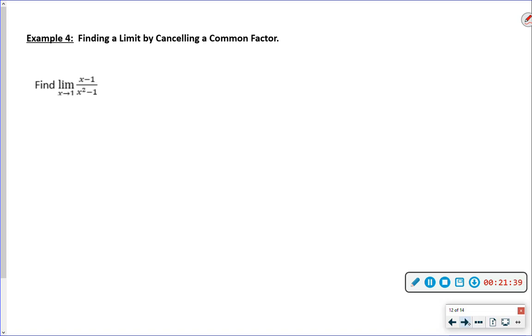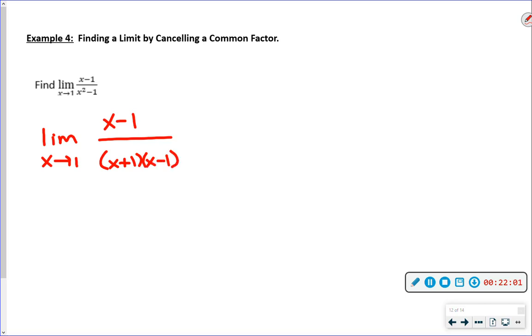Just like I would never let you leave 6/8 on a test, I would make you reduce it. So we're going to try to simplify. What do you see? Which expression factors, numerator or denominator? I'm going to guess the only one with a square. Got it? Because it's a difference of perfect squares.